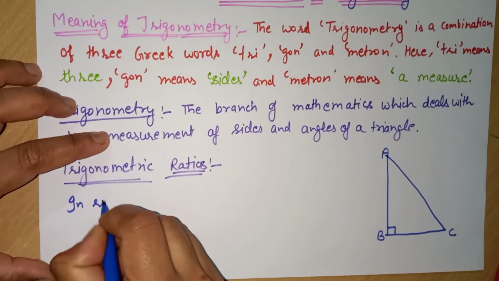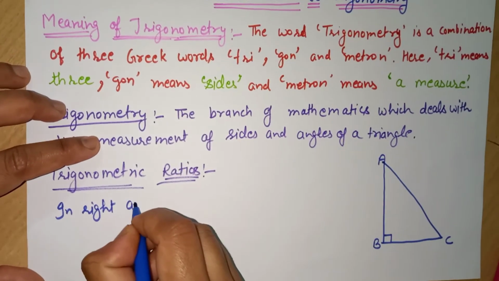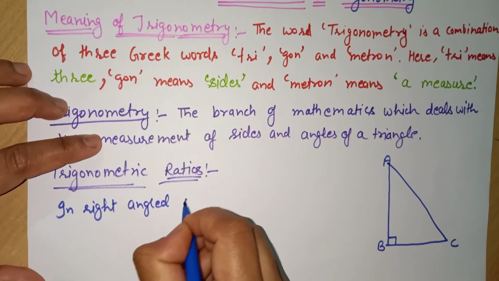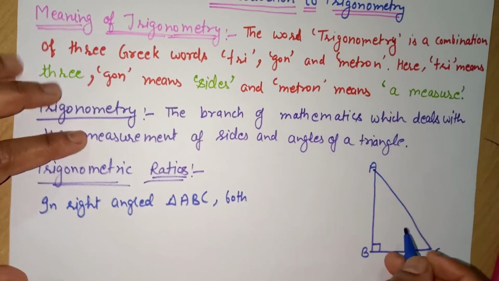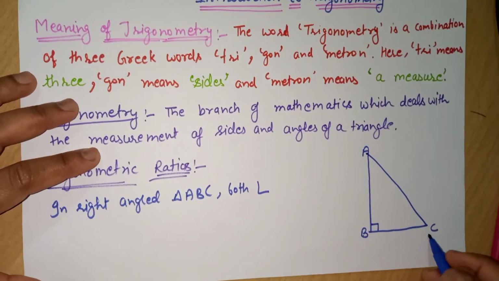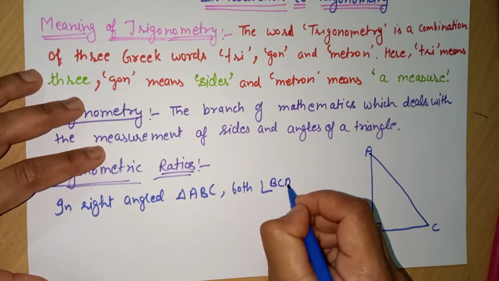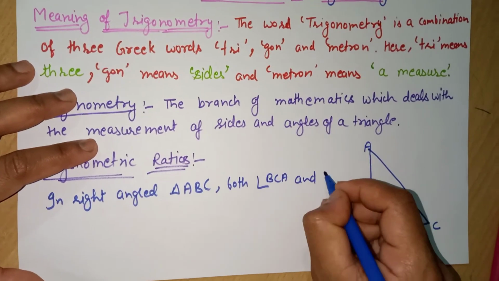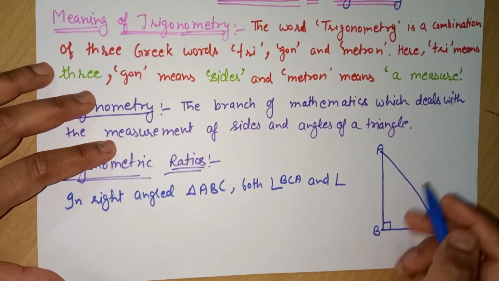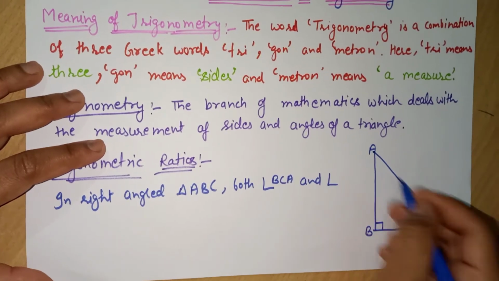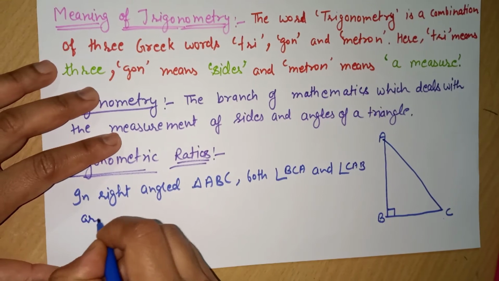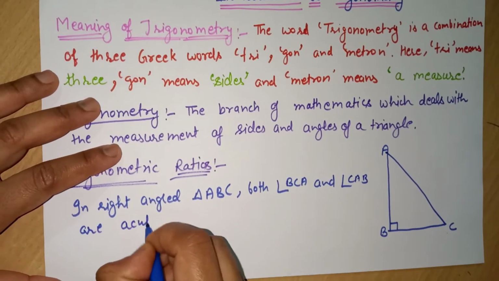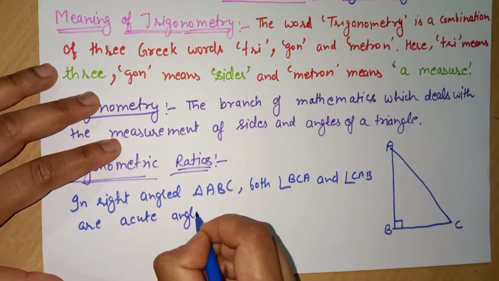Therefore, in right angled triangle ABC, both angle BCA and angle CAB, or you can say BAC, are acute angles.